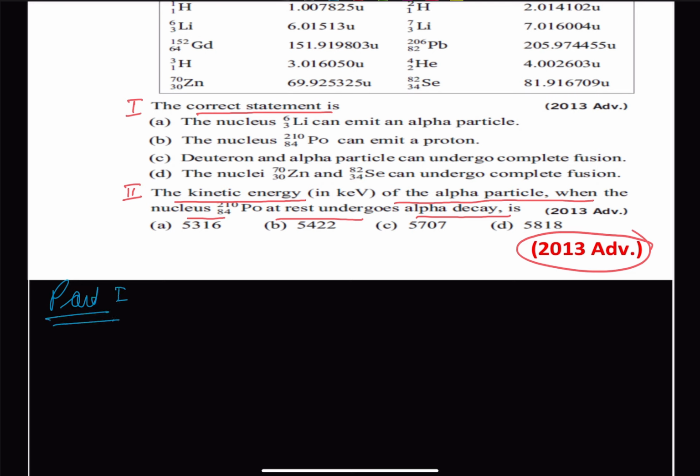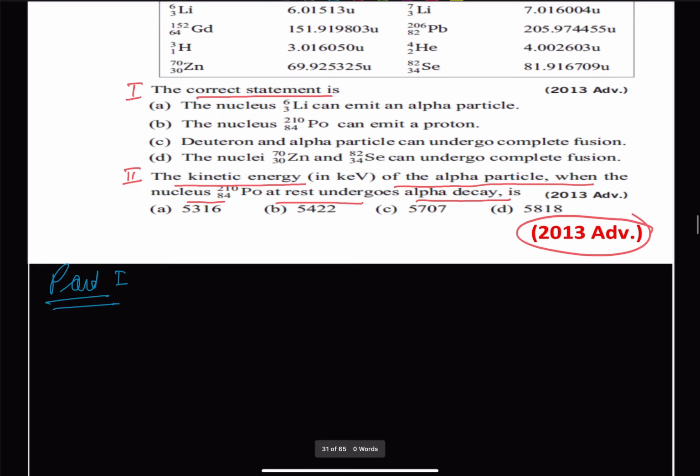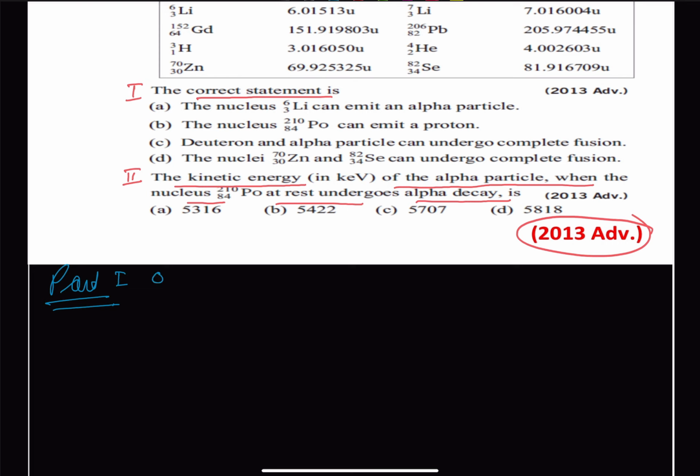In part 1, we are going to take the options one by one and try to find out the energetic relationship between the left side as well as the right side. So in part 1, option A states that nucleus lithium can emit an alpha particle. So we can write the reaction based on this.